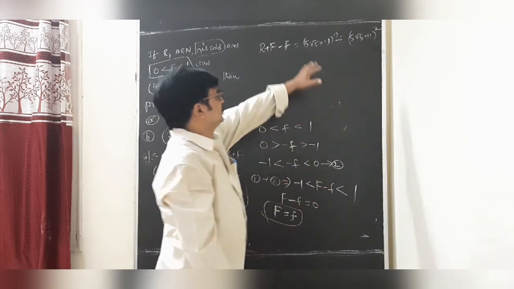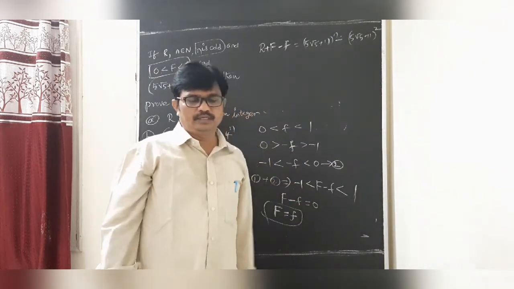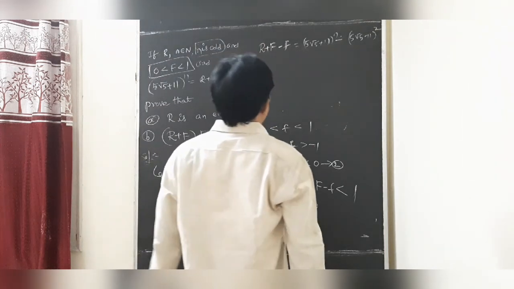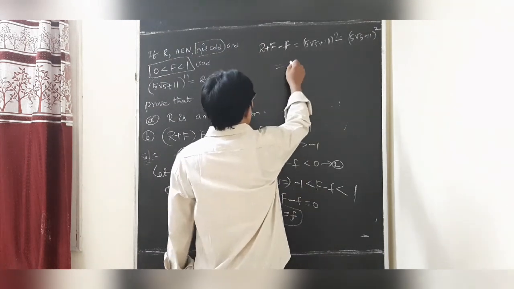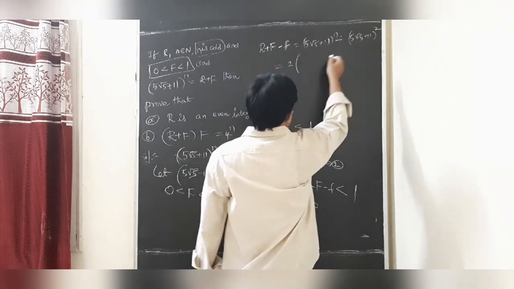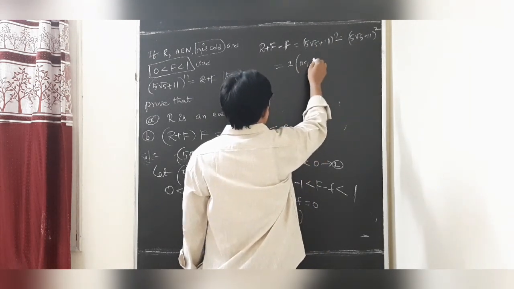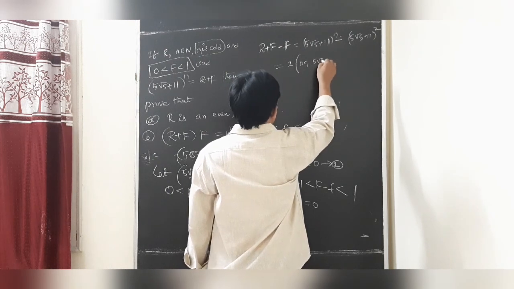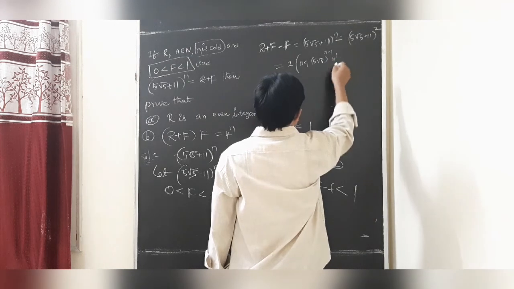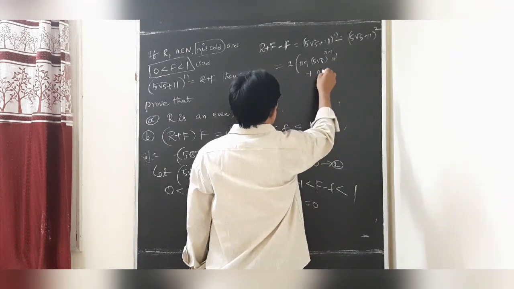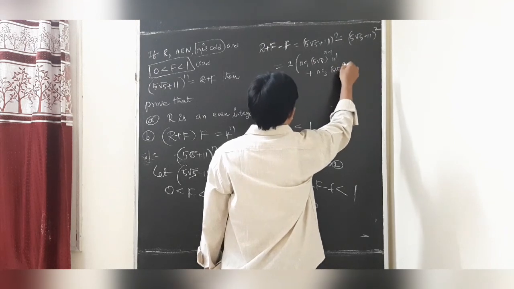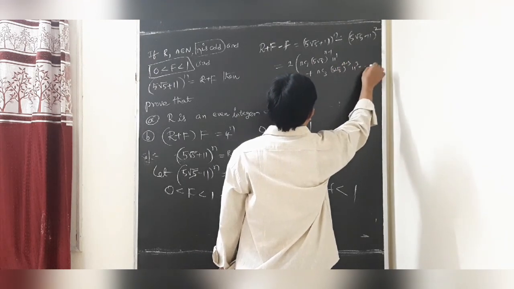My dear students, the first term is cancelled, nC0 cancelled. Now students, how can you write this? Twice into nC1 5 root 5 whole power n minus 1 into 11 power 1. After that students, nC3 5 root 5 whole power n minus 3 into 11 cube.